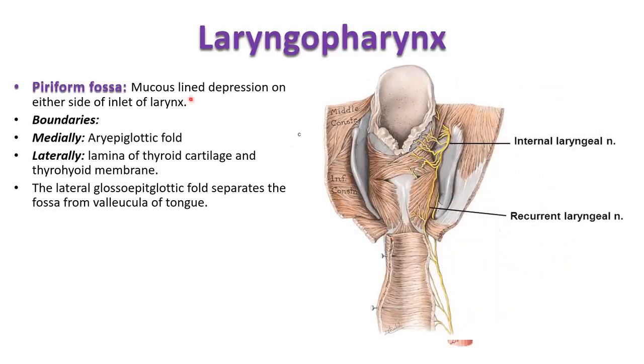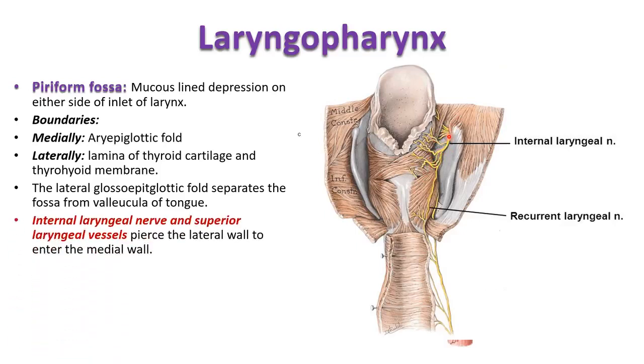Now what are the structures piercing this pyriform fossa? It is mainly pierced by the internal laryngeal nerve. The internal laryngeal nerve pierces the thyrohyoid membrane, then the mucous membrane, and then it is seen in the pyriform recess along with the superior laryngeal vessels.